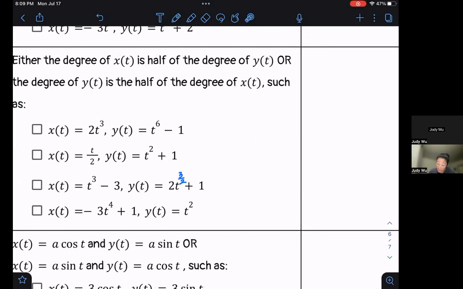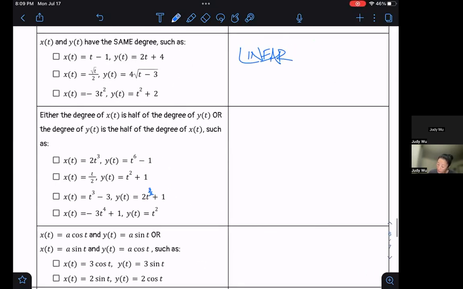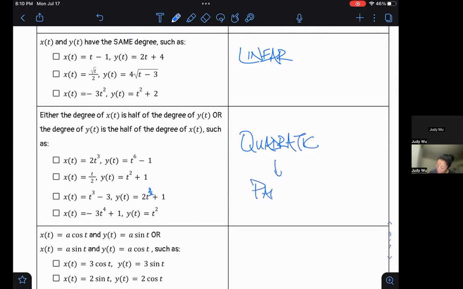Or we can make it 6, but if one of them is half of the other one, right? Or 4 and 2, you're going to end up with a quadratic. And we know that a quadratic means we have a parabola of sorts.